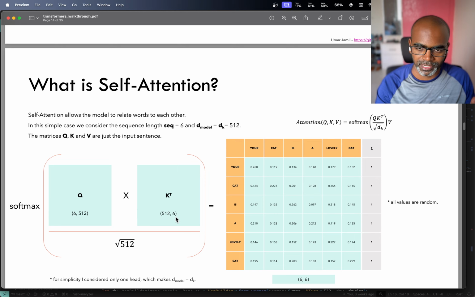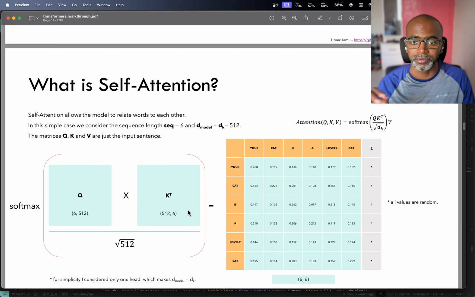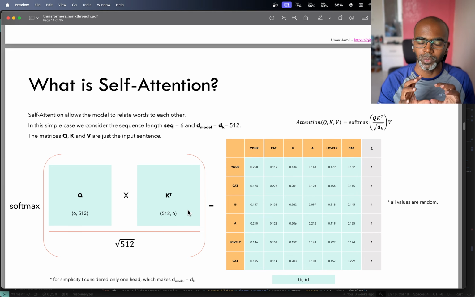When you do something like that, you are creating a new matrix that's a 6 by 6 matrix in this paper, or in our case, an 8 by 8 matrix. But the idea is you are trying to relate the words in your sentence with other words in the same sentence. You're trying to come up with the degree of some sort of relationship. Effectively, in a very simple way, you're trying to say which words go well with which words.